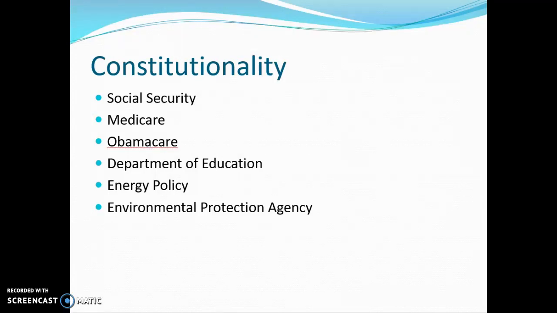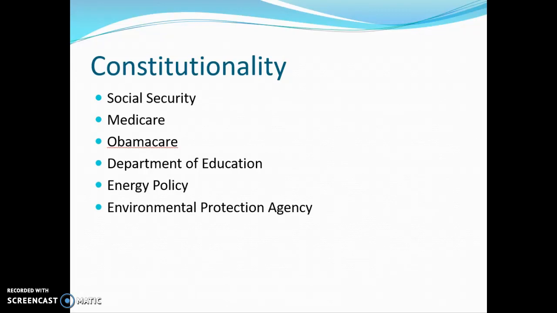Because we never amended the Constitution to give it to it. So we have debates. Is the Department of Education constitutional? Is our energy policy constitutional? Is our Environmental Protection Agency, is Obamacare constitutional? Now, Obamacare has actually gone to the Supreme Court, and the Supreme Court has said yes, under this narrow ruling, Obamacare is constitutional.